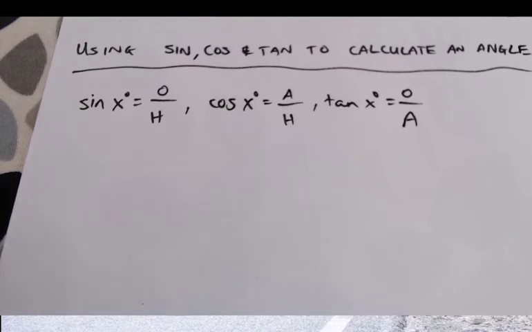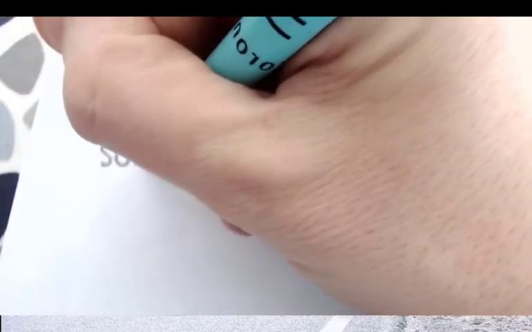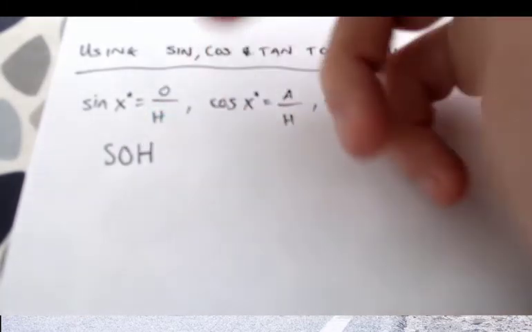So the first thing I've done is I've reminded us of the three rules on this page. So sine x is the opposite over the hypotenuse, cos x is the adjacent over the hypotenuse, and tan x is the opposite over the adjacent. There is a very well-known acronym which is used to help people remember the rule. So sine, opposite over hypotenuse, SOH.